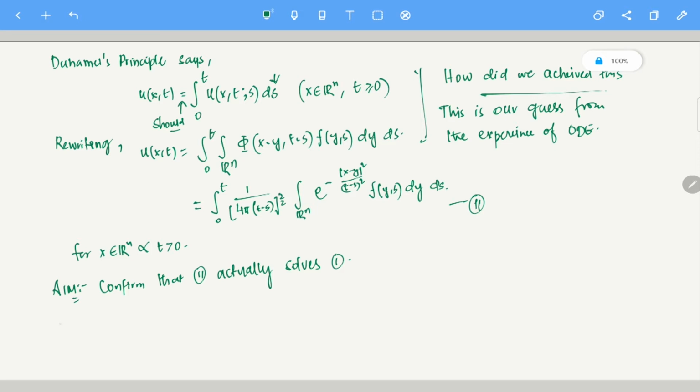So we start with some assumptions first, assumptions on f. We'll assume f is twice differentiable with respect to x, once differentiable with respect to t, in Rn cross 0 to infinity, with compact support.